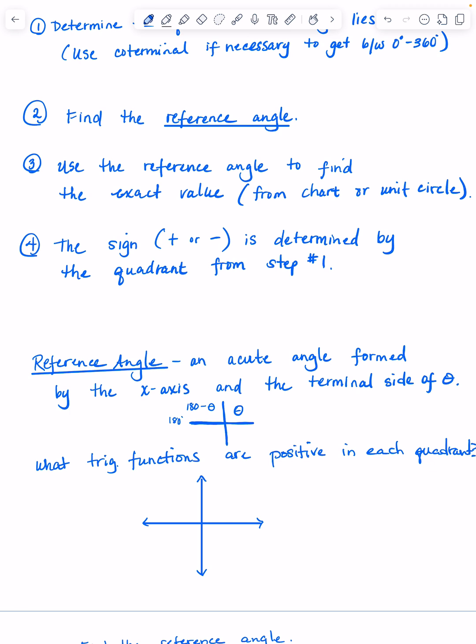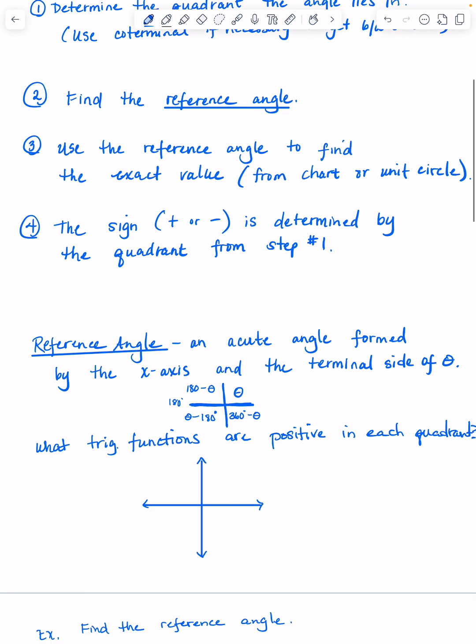That's what you've got to remember. So instead of subtracting from 180, we actually subtract 180 from theta. That's going to give us our reference angle in the 3rd quadrant. And in the 4th quadrant, we're still going from the x-axis, but in this case it would be 360. So our reference angle would be 360 minus theta.